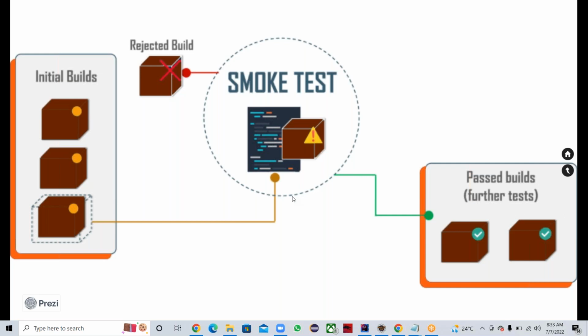So we are rejecting the build to deploy into the production environment. Whatever parameters fail, we need to report to the development team to fix those issues. After that, we retest again.